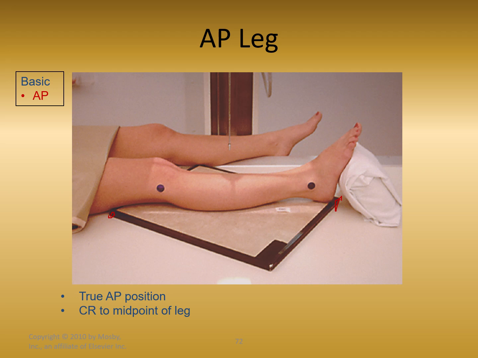Remember, increase the SID to more than 40 if you can, if they have a long leg and you don't have the light field to both of those joints, so that the light field will catch both of those joints and project them on the image receptor. Once again, if you can't get it on one because their legs are too long, that's okay. Get one image and then use a smaller IR to get either the knee or the ankle joint.